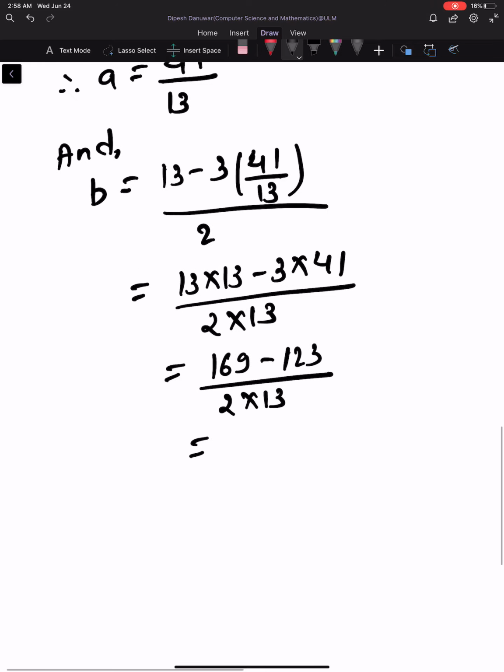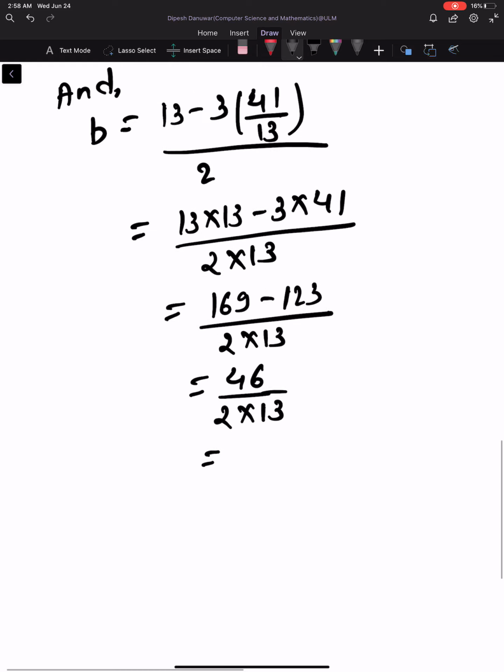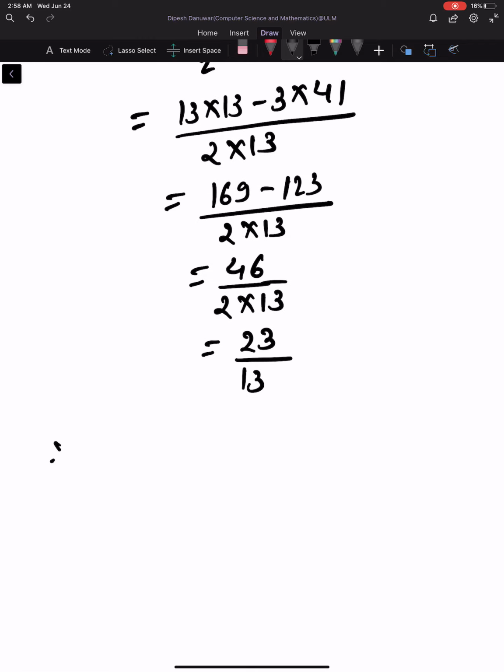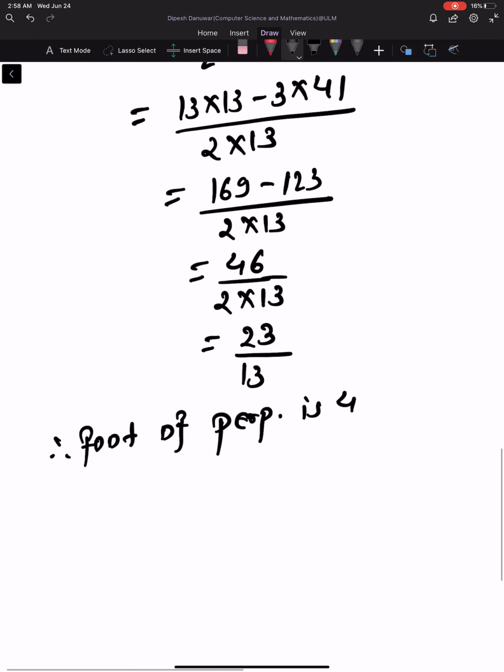So that will be (169 minus 123) by (2 times 13), which is 46 by (2 times 13). So 46 divided by 2 will be 23, so 23 by 13. Therefore the foot of the perpendicular is (41 by 13, 23 by 13). So you got the foot of the perpendicular.